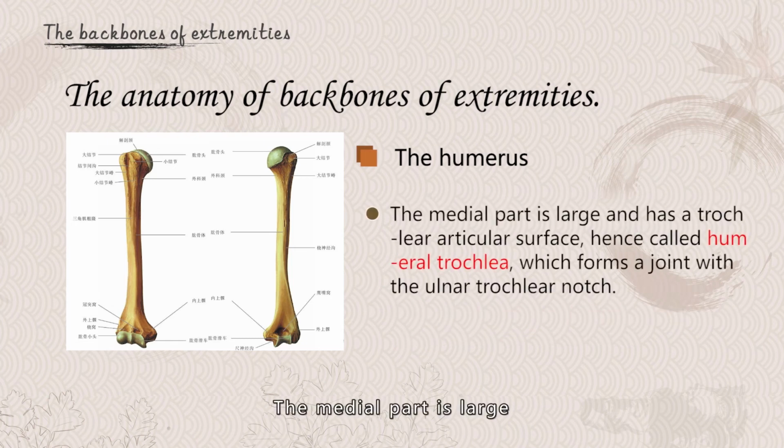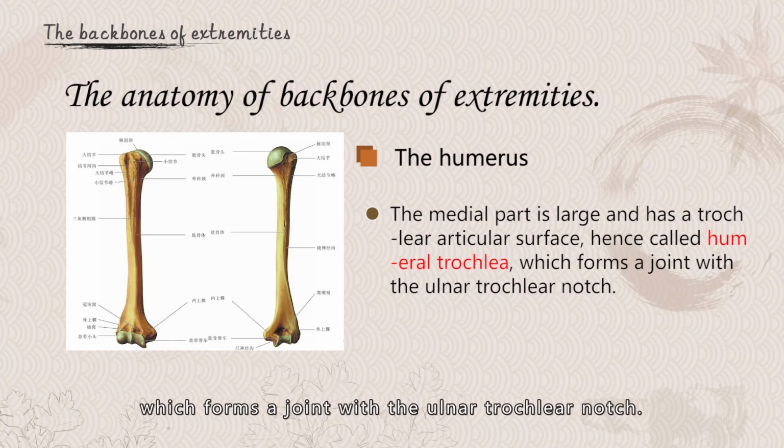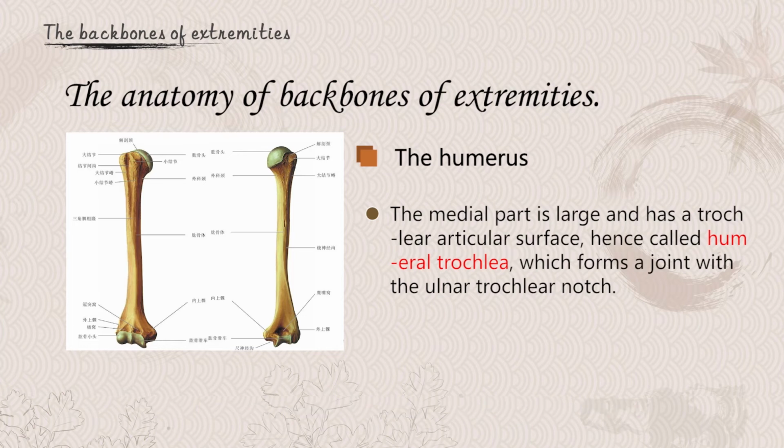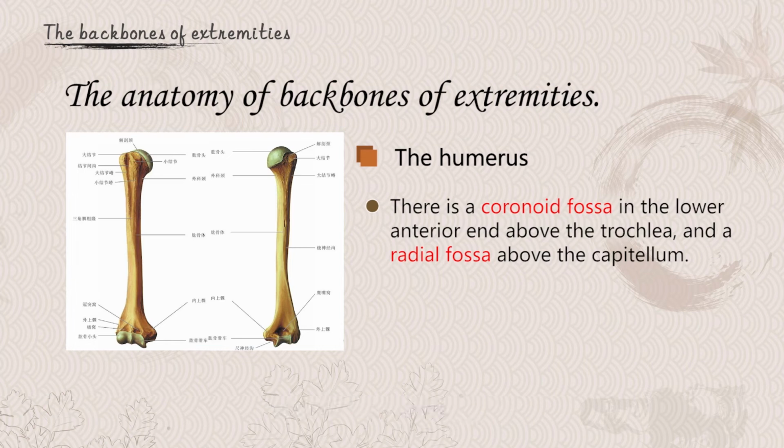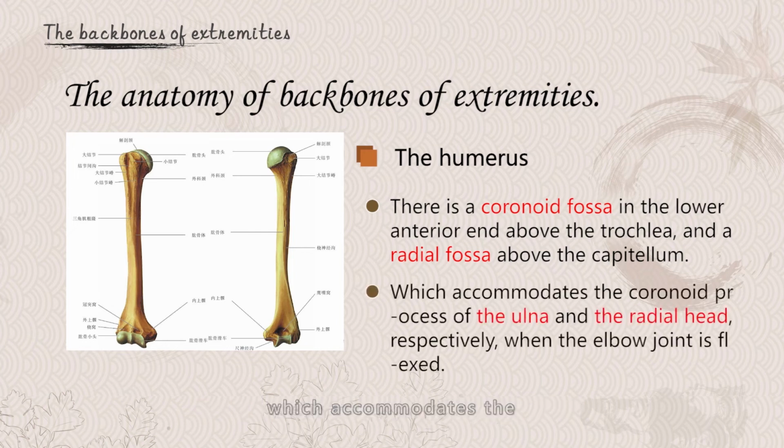The medial part is large and has a torcular articular surface, hence called humeral torcular, which forms a joint with the ulnar torcular notch. There is a coronoid fossa in the lower anterior end above the torcular, and a radial fossa above the capitellum, which accommodates the coronoid process of the ulna and the radial head, respectively, when the elbow joint is flexed.